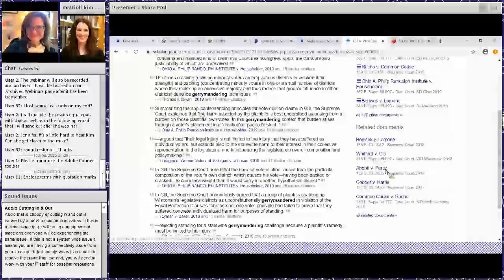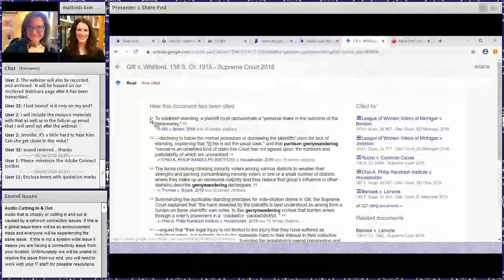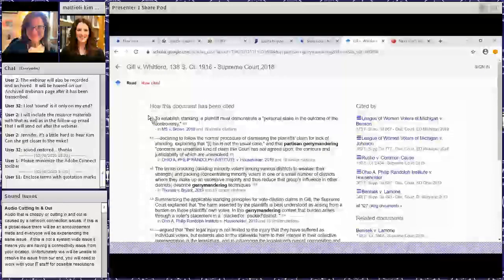You can also look at the related documents here on the right, which will give you basically just similar cases that deal with similar issues you might want to look at. And then over here on the left, there is how this document has been cited. This is the main thing that you'll see, and it's helpful because it will show you what parts of the Gill case have been heavily cited in other opinions.